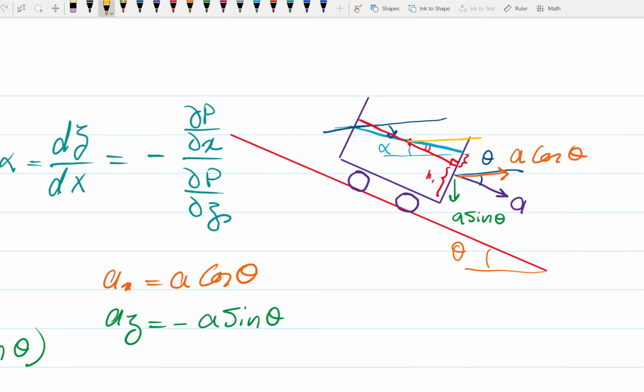Well, if I draw this line here, then this angle is the same as theta. So this angle is theta. We just got alpha, which is this little angle here.